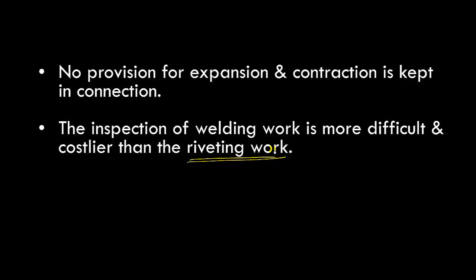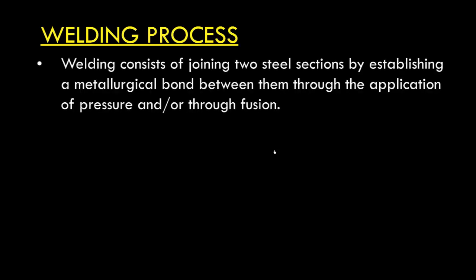So these are the major advantages and disadvantages of a welded connection over bolted and riveted connections. Now let us discuss the welding process itself. Welding consists of joining two steel sections. You have two steel components, and you join them by establishing a metallurgical bond between them through the application of pressure or through some kind of fusion.